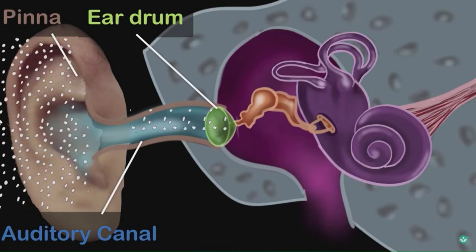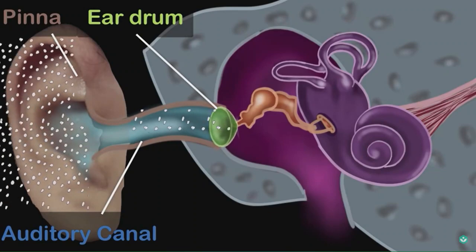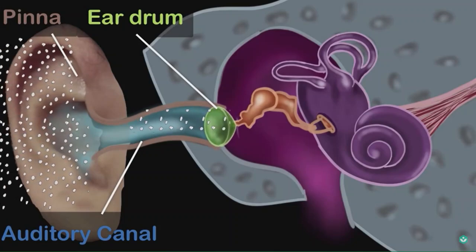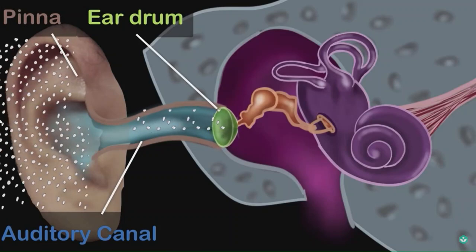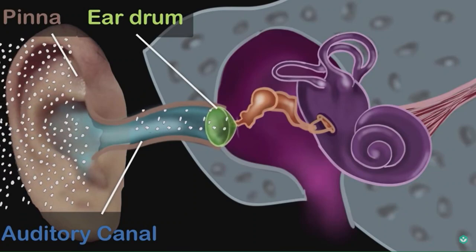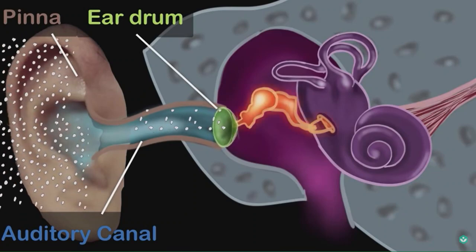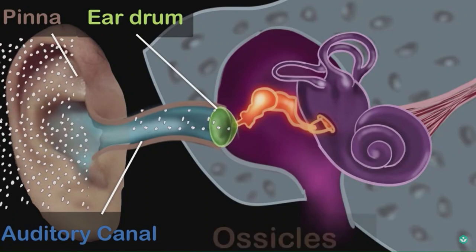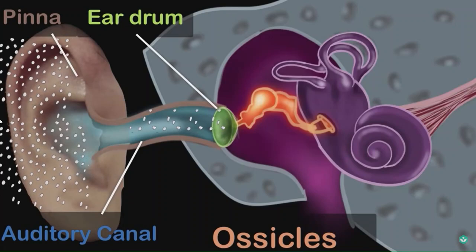When the compression of sound waves strikes the eardrum, the pressure on the outside of the eardrum increases and pushes the eardrum inwards. And when the rarefaction of sound waves falls on the eardrum, the pressure on the outside of the eardrum decreases and it moves outward.